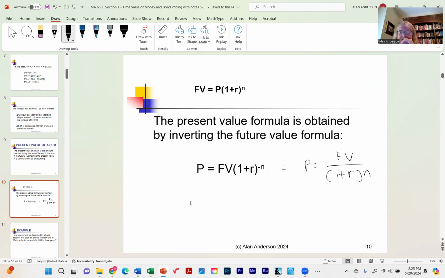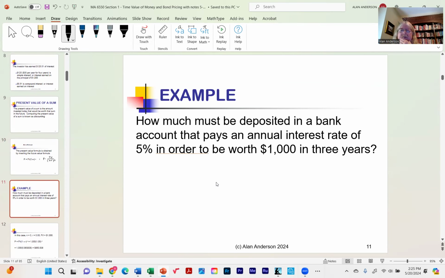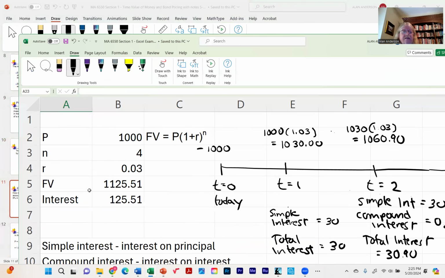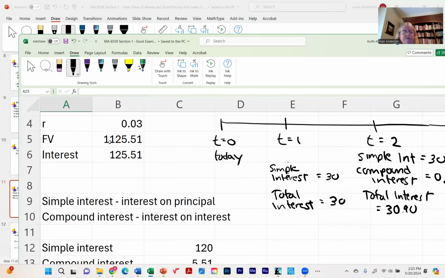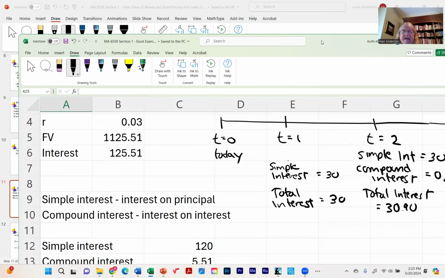Okay, so let's look at a quick example. How much do we have to put in a bank that pays a rate of 5% in order to have $1,000 in 3 years? All right, let's do that. I'm going to move this to the second tab.